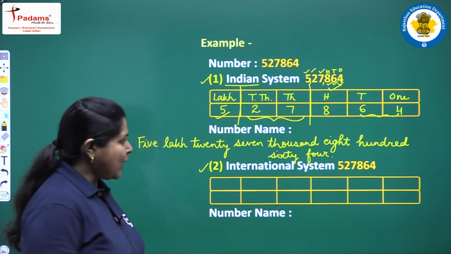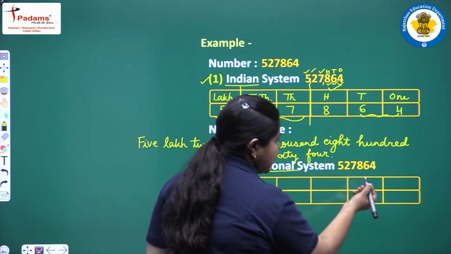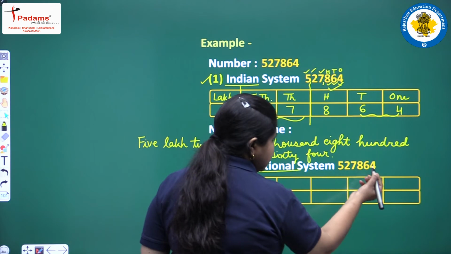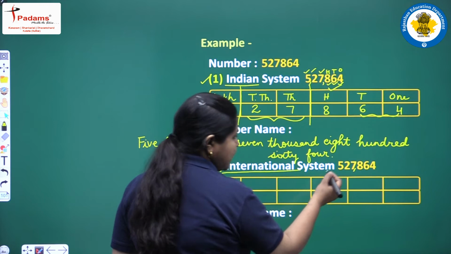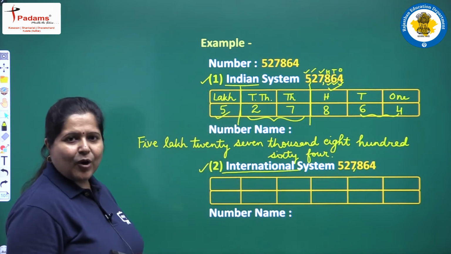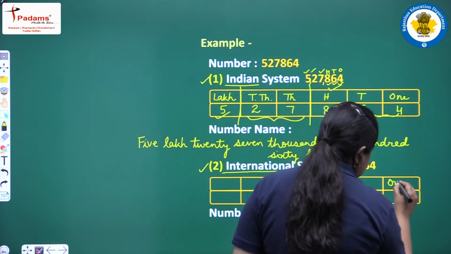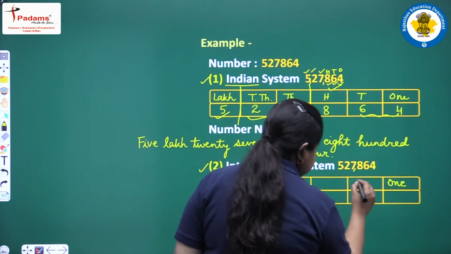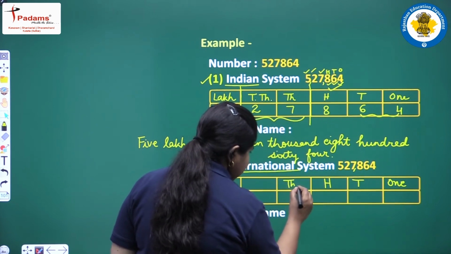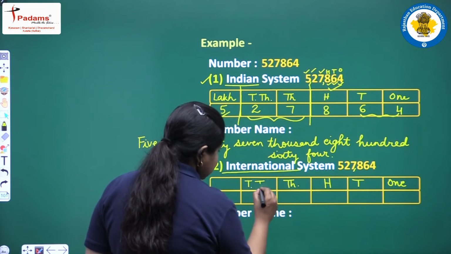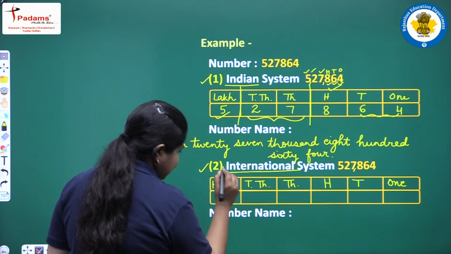Clear to you? Now we take up the international system of numeration. First we will mark up the commas. We have ones, tens, hundreds, the first comma, then 1000, 10,000, 100,000. So no need for the second comma in this system. Now we fill up the place values. We have ones, then tens, then hundreds place value, then 1000 place value, 10,000 place value, and then we have 100,000 place value.